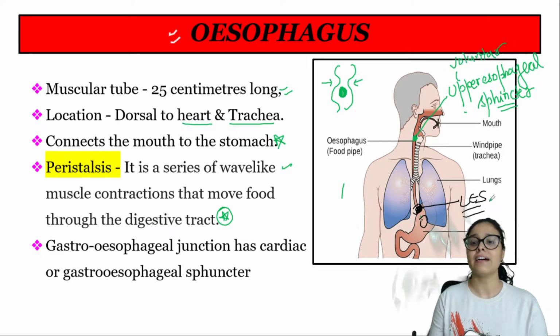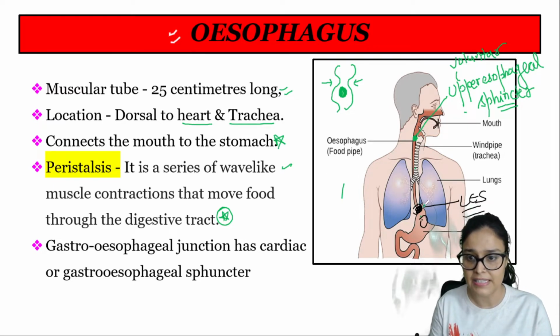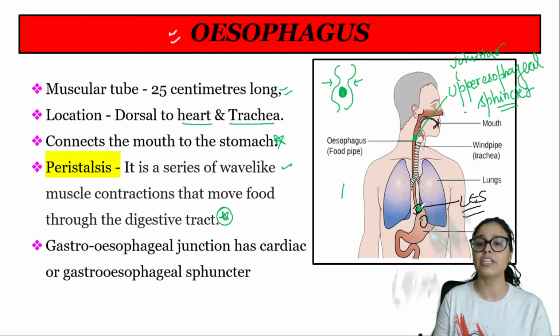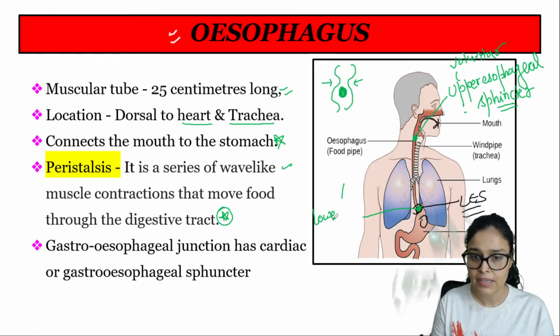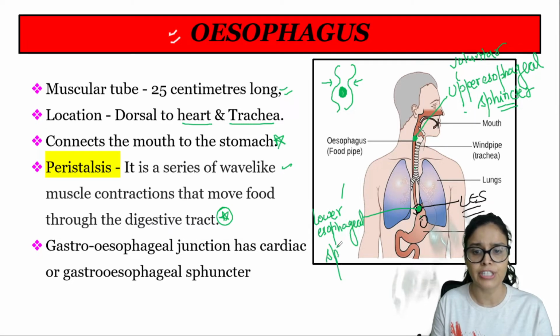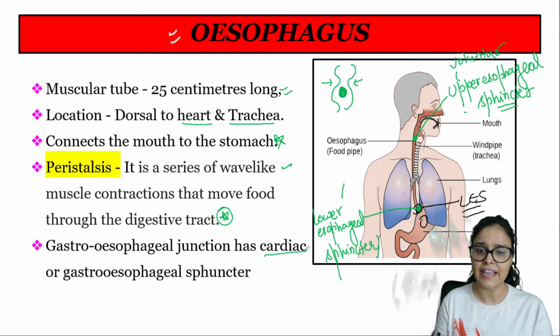Another one is the lower esophageal sphincter, which is present between the stomach and the esophageal opening. The lower esophageal sphincter is involuntary, not in our control, and it is also known as the cardiac sphincter.